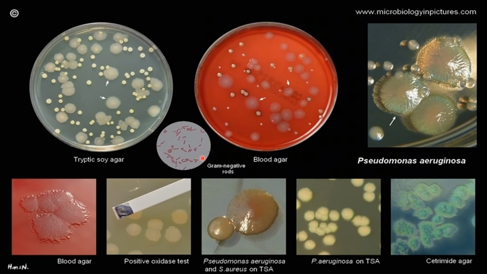So sometimes they have color, and usually when we grow pigmented bacteria in the lab, eventually they lose their ability to produce color once we grow them in this kind of media or the artificial media. Okay.